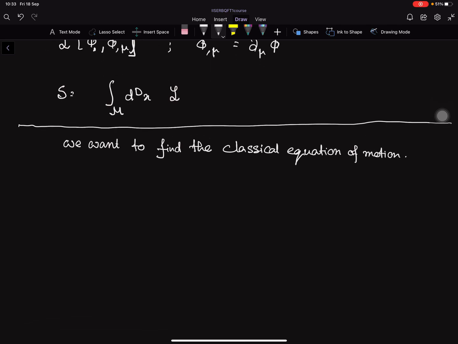So how do we do that? We again do the same strategy. Let's say phi goes to phi plus delta phi, and we want to know how the action changes.